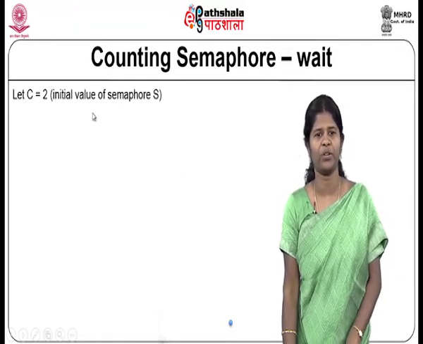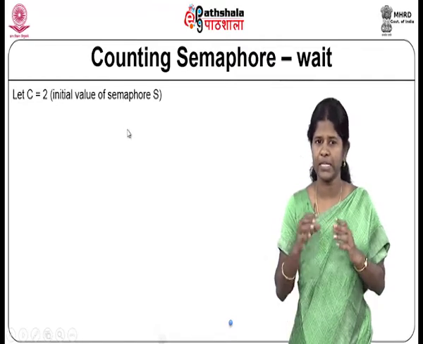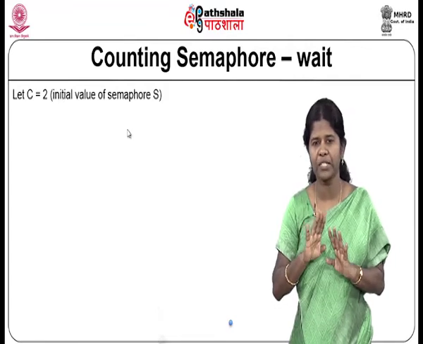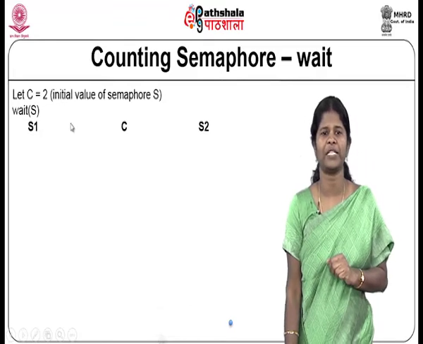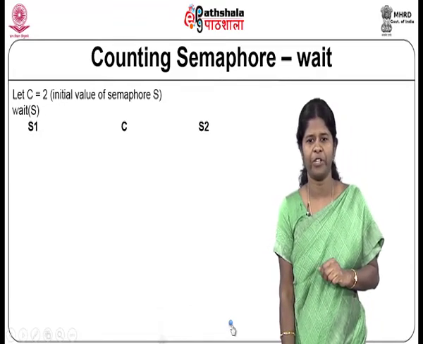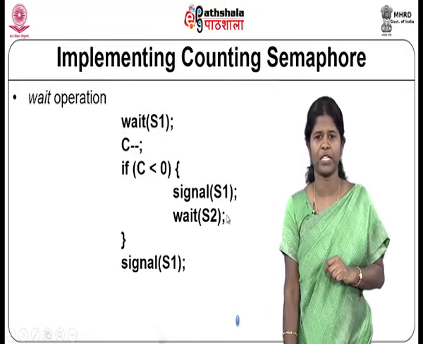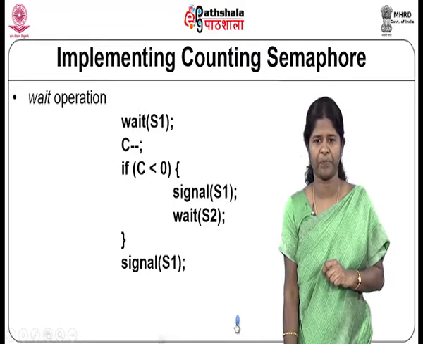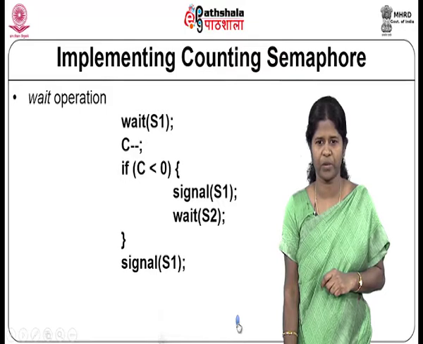Let C equal 2 be the initial value of the semaphore, which means there is a resource that can be accessed by only 2 processes at the same time. Now how will wait of S be implemented? If you look at the algorithm, you can see S1, S2 and the value of C being manipulated. So how is the first wait of S1 executed?